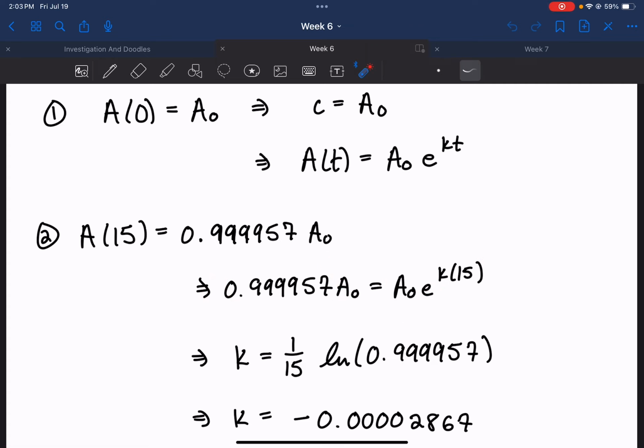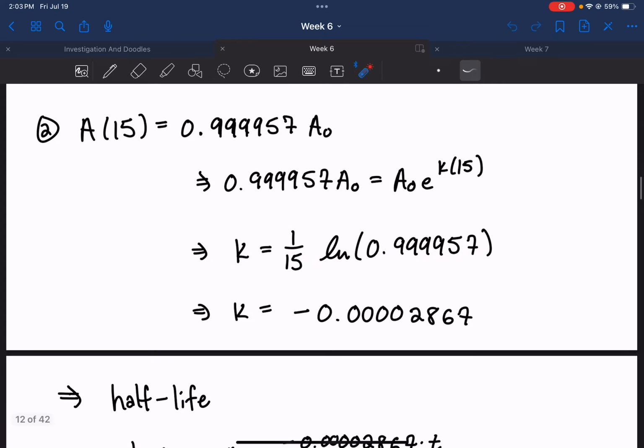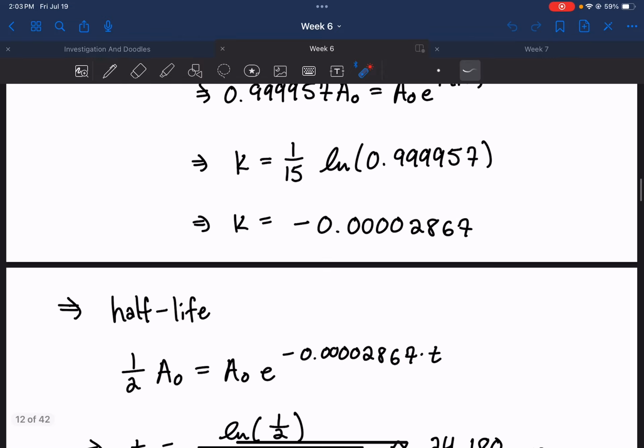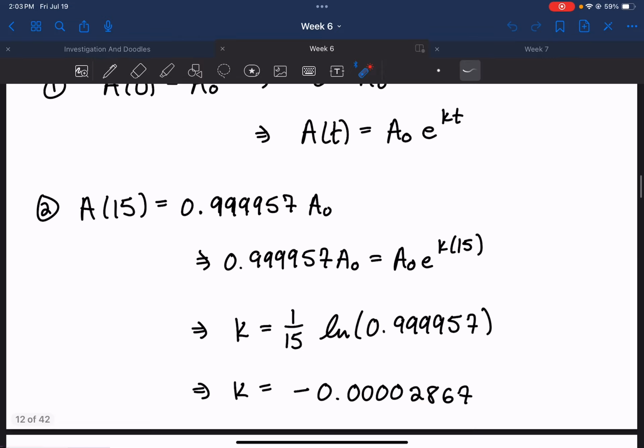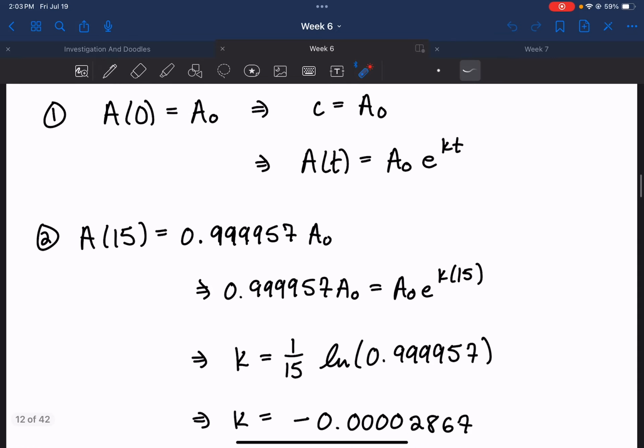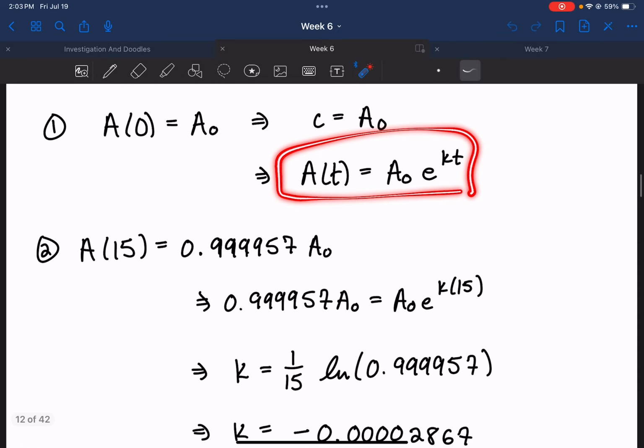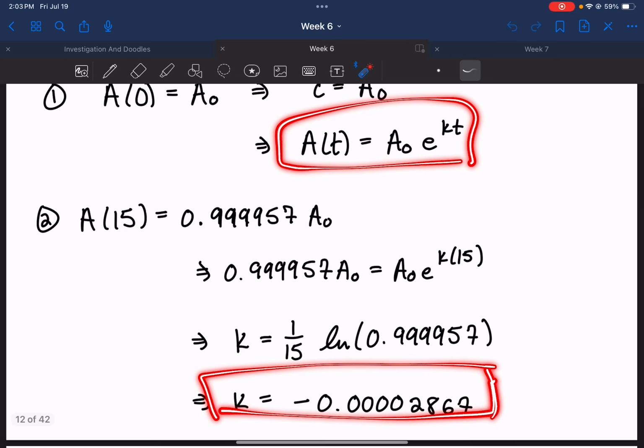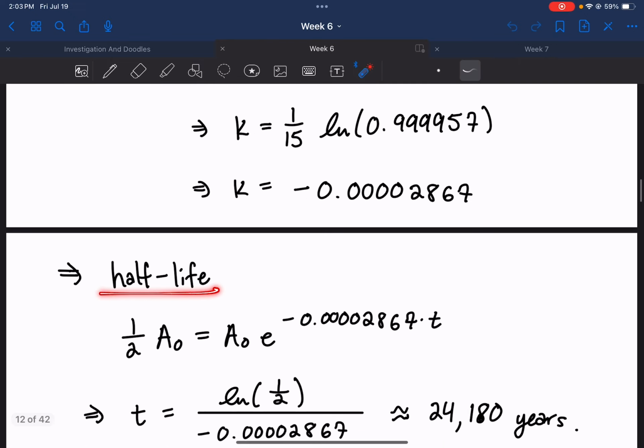And we get k equals 1/15th natural log of this, which should be a negative number because it's decay. So this is now our expression. We plug this number in for k. That's our expression for A of t. And the question was, what's the half-life?